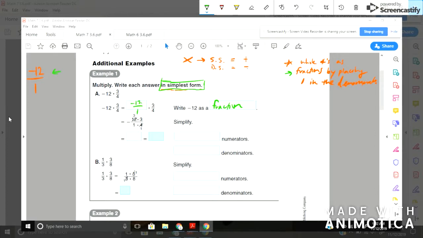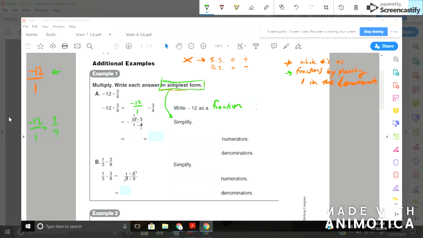Then next it talks about simplifying, and the hint is look diagonal. So we've got negative 12 over 1 times 3/4.